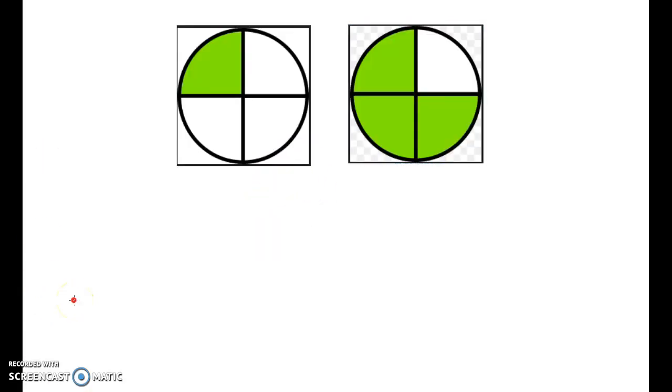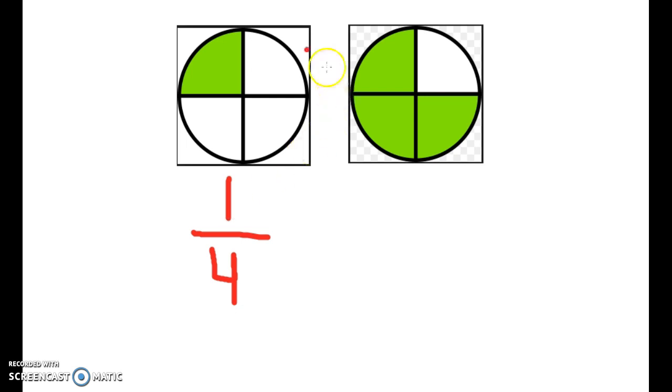We can further prove that 1/4 is less than 3/4 if we look at this example using pictures. In the first picture, I see 1, 2, 3, 4 slices that my whole is cut into, which means my denominator would be 4. One of them is shaded, giving me a numerator of 1 for a fraction of 1/4.